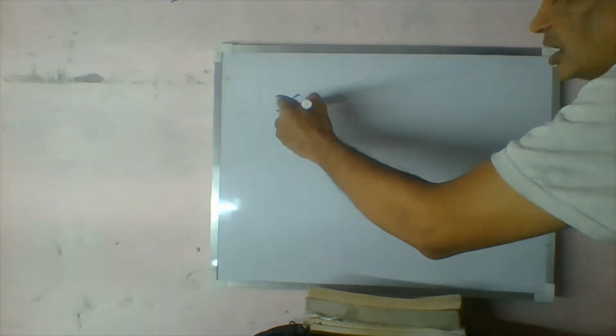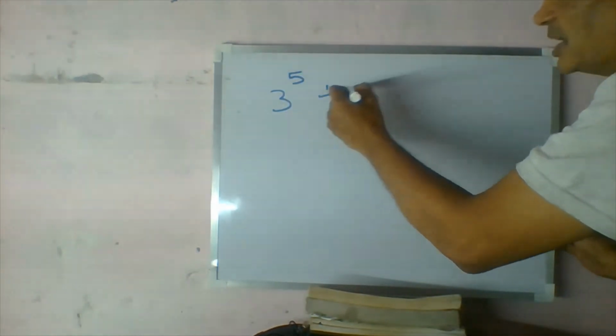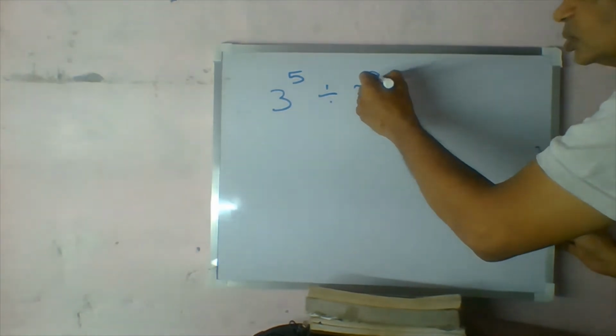Now let us examine what will happen if we have 3 raised to power 5 divided by 3 raised to power 2.